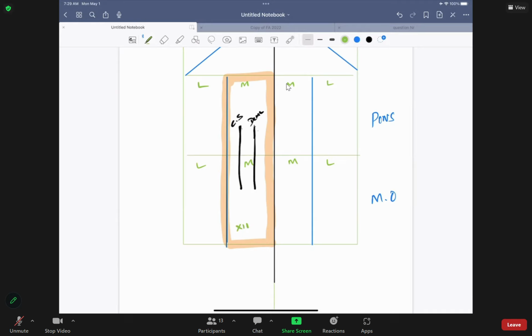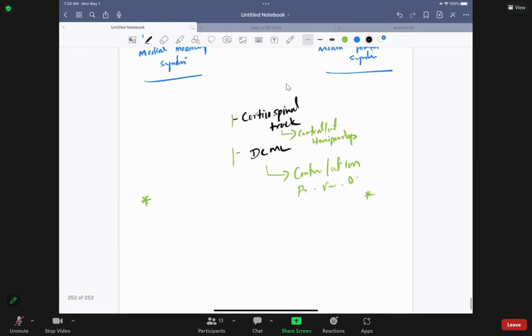Cranial nerve number 12. And for medial pons, cranial nerve number 6. So 12 and 6. That's a unique finding for this area.